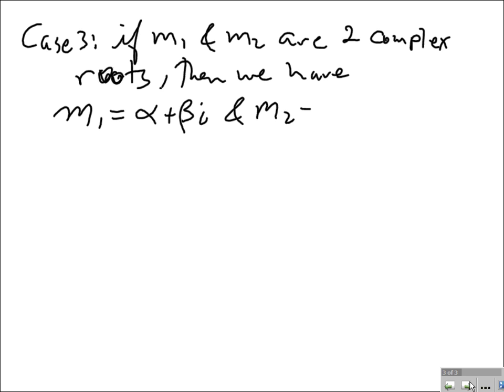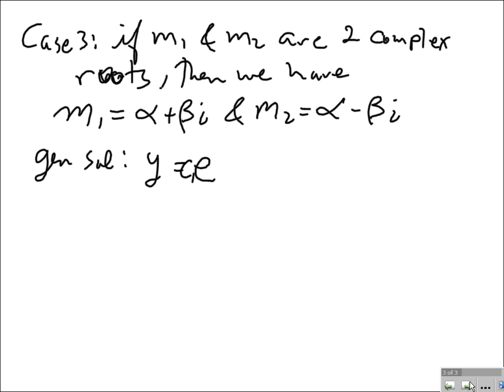And m2 being complex is going to be a minus bi. Okay, so the general solution will be y is equal to some multiple of e to the m1x, but that's how I write m1, plus some multiple of e to the m2x. But this is how I write m2.